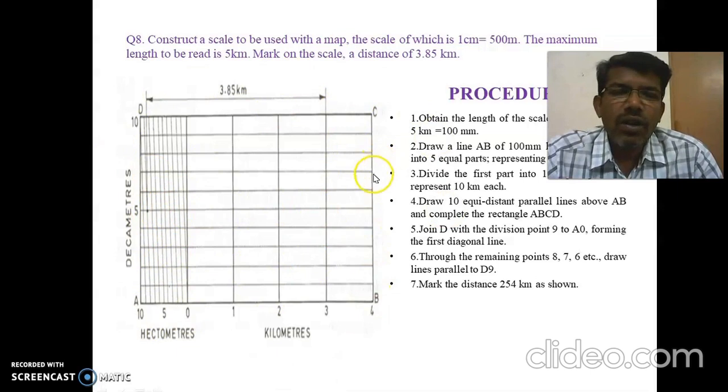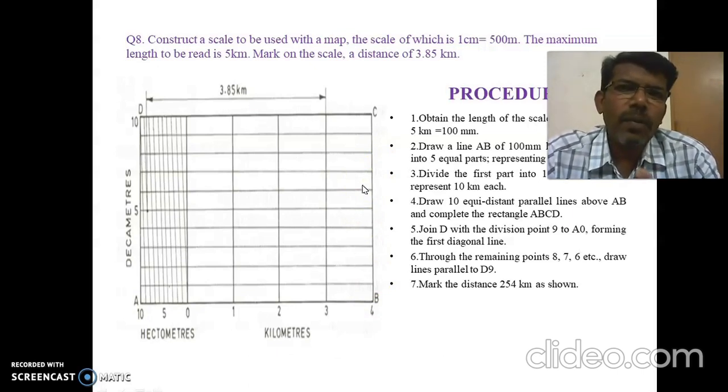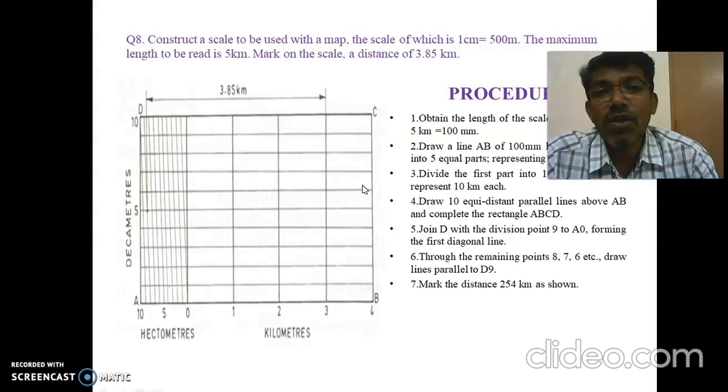In case of plain scales or diagonal scales, the procedure is, the first thing you have to find out is the representation factor. The representation factor is in the form of a fraction. Whether it is given in ratio form, 1:5, then the representative factor is 1/5.